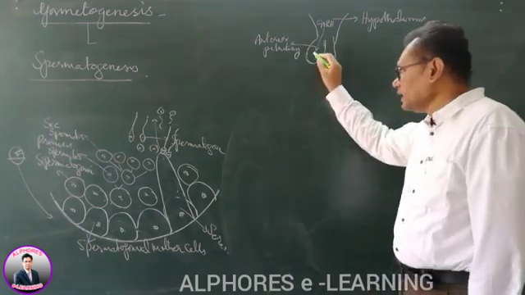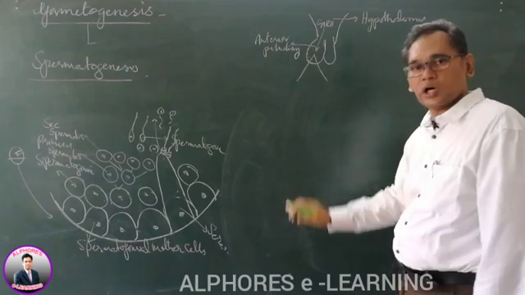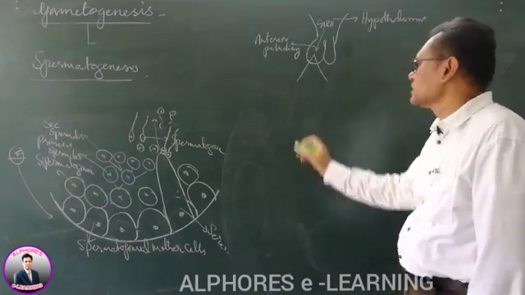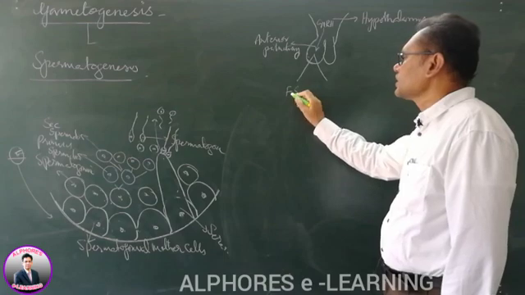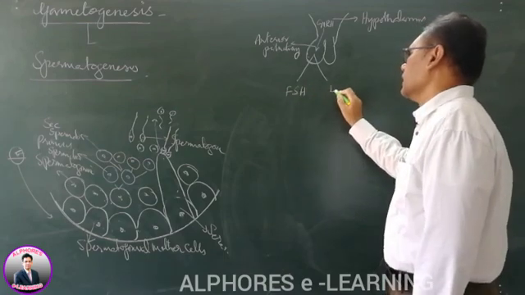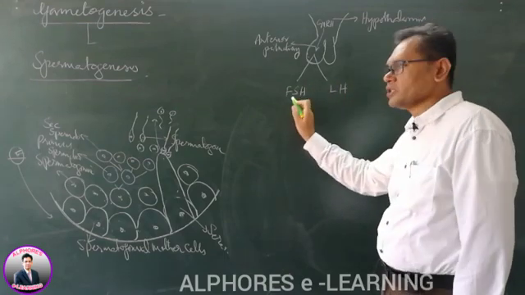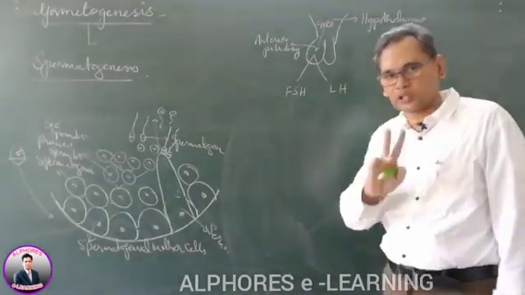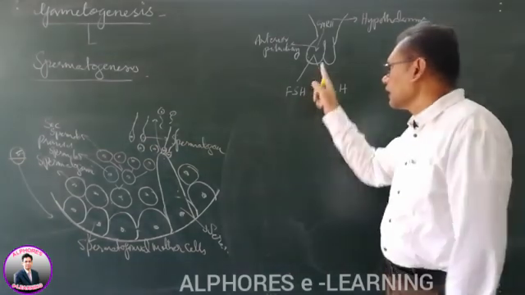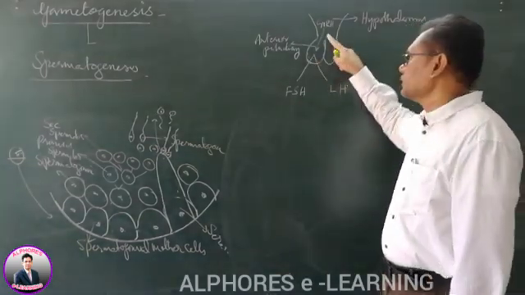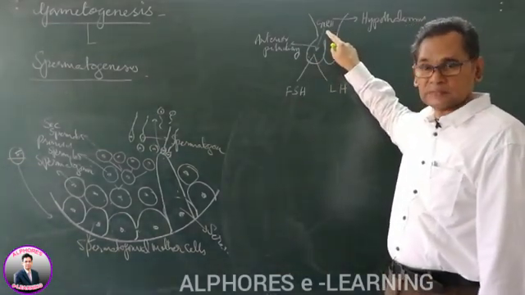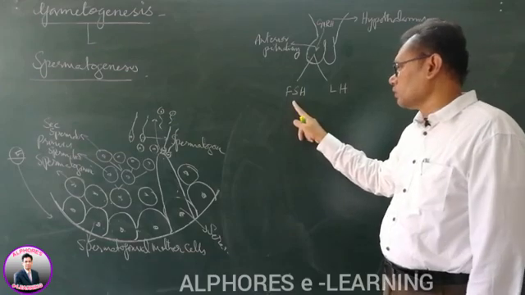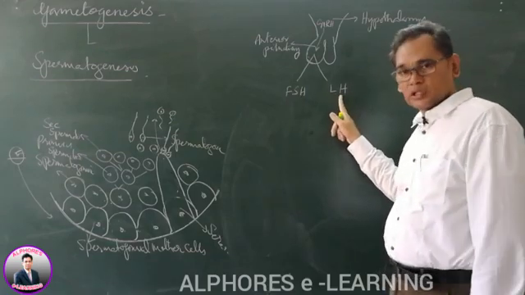Then the anterior pituitary will release two hormones, that is FSH and LH, follicle stimulating hormone and luteinizing hormone. These are the two hormones which are released from the anterior pituitary under the influence of GnRH.